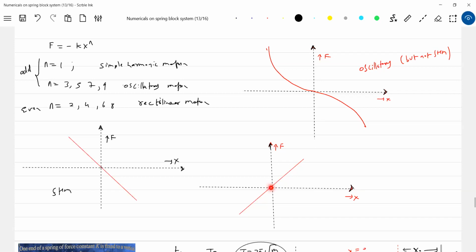You displace the body towards right. How will the force act? In the direction of displacement. So it is unstable equilibrium, so rectilinear motion will occur here. You displace the body towards left, the force will act towards left. F negative means towards left. So therefore, what is this? Rectilinear.